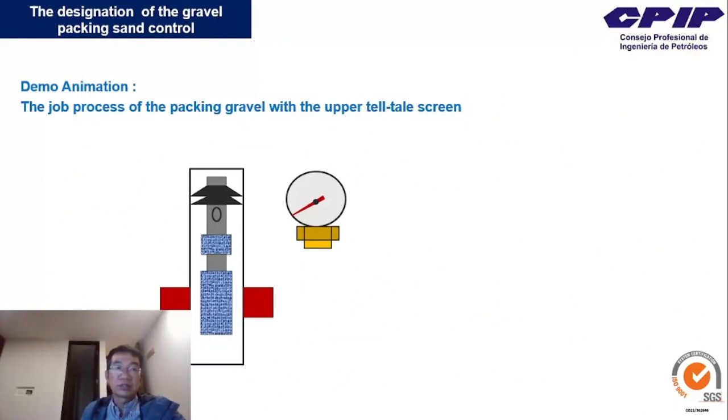This picture is showing the job process of the packing gravel with the upper telltale screen. You can see the picture. The sand is filled, the bottom sand is up, the pressure is high. The sand is buried the ladder.